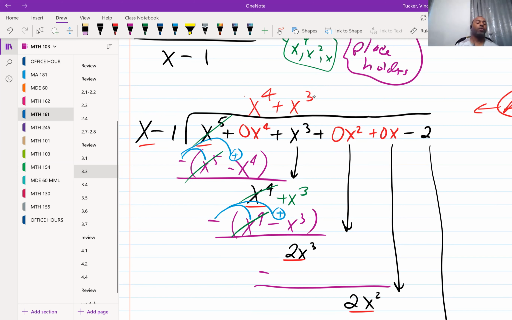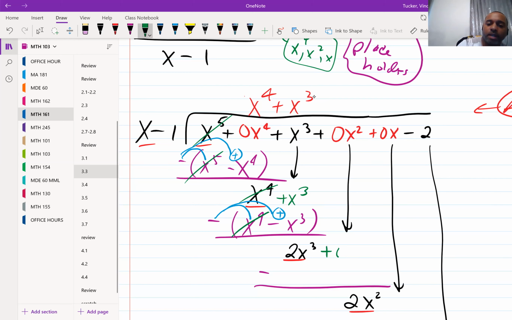So it's going to be very important that you watch these signs and be careful, because it's easy to mess up. A lot of times, like I said before, that's what I'm trying to emphasize, the distribution of the negative. A lot of times people will just give the negative to one of these terms, and then after that, everything's messed up from that point forward, because you have to give the negative to each term that you have down there.